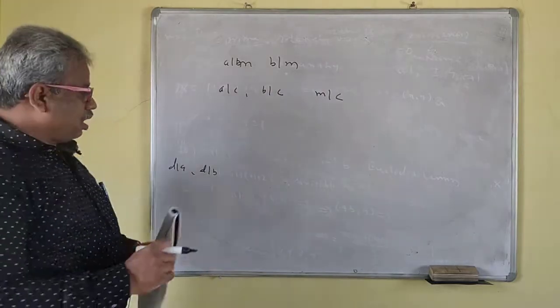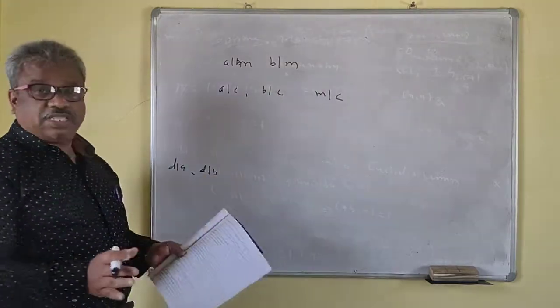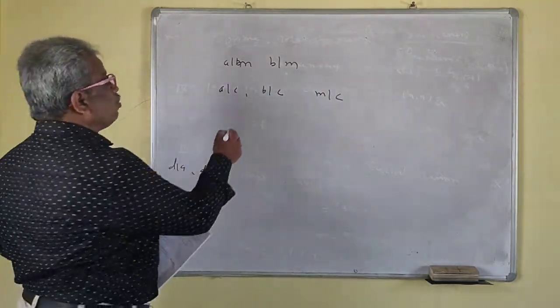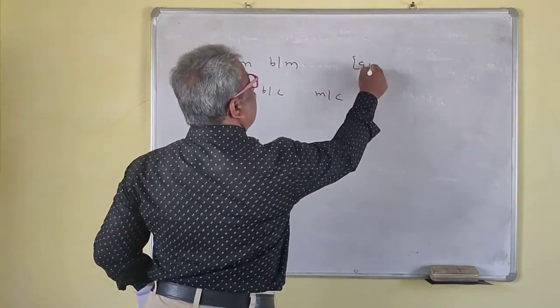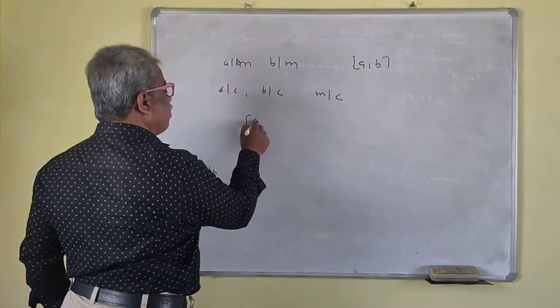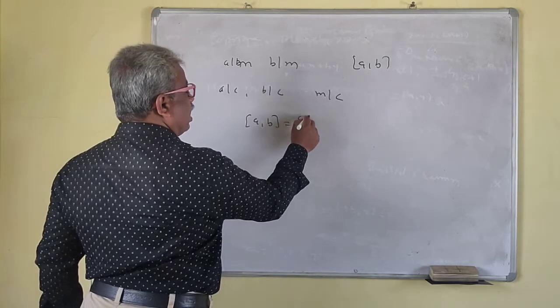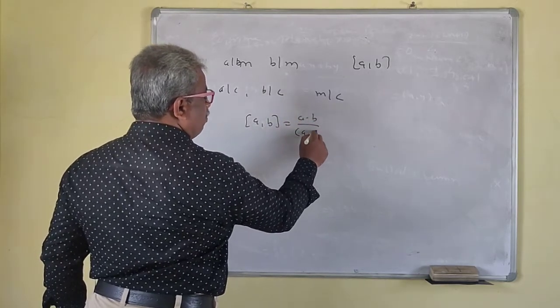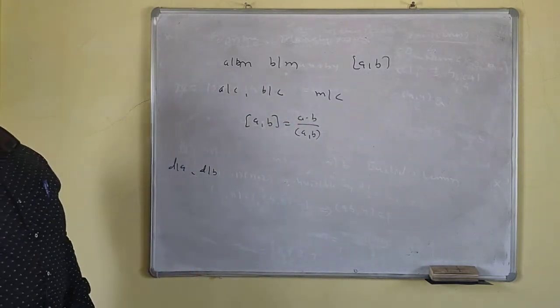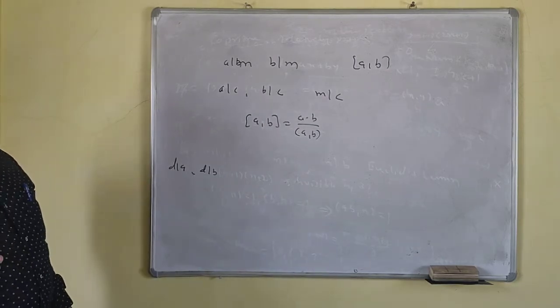So what is the relation between GCD and LCM? The LCM of A and B is A into B upon the GCD of A and B. This is the relation between GCD and LCM.